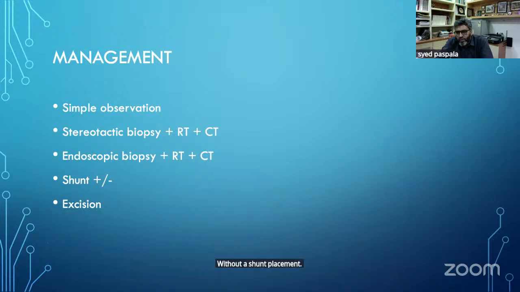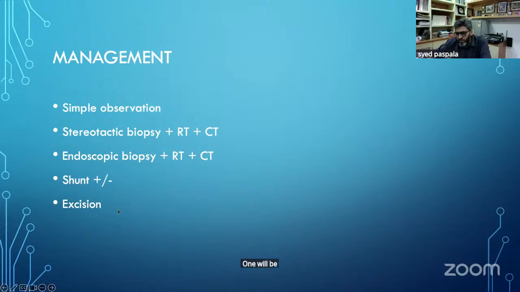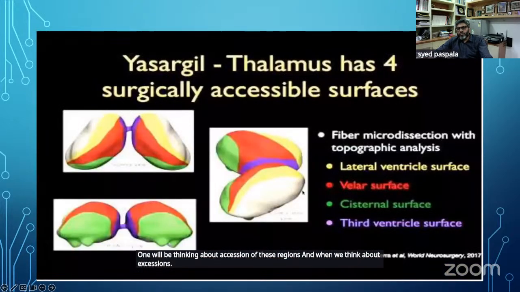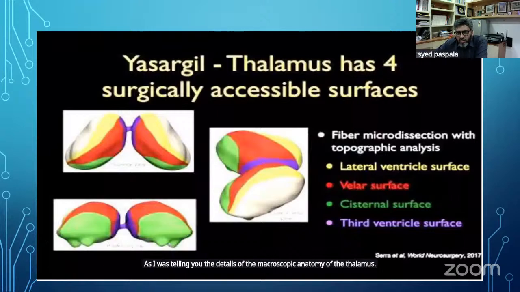And when the lesion is very big and causing hydrocephalus and other neurological deficits, one will be thinking about excision of these lesions. And when we think about excisions, as I was telling you in the details of the macroscopic anatomy of the thalamus, there are 4 described surgically accessible surfaces of the thalamus by Yasargil.